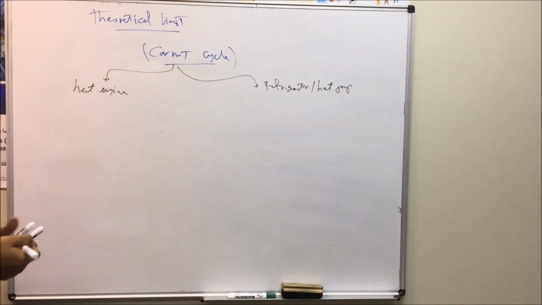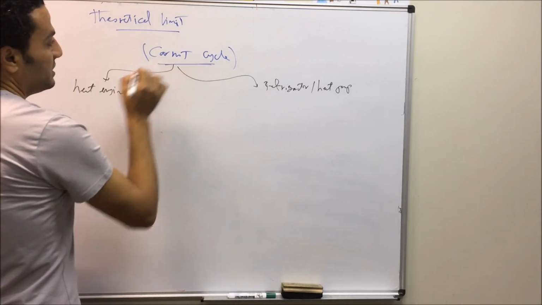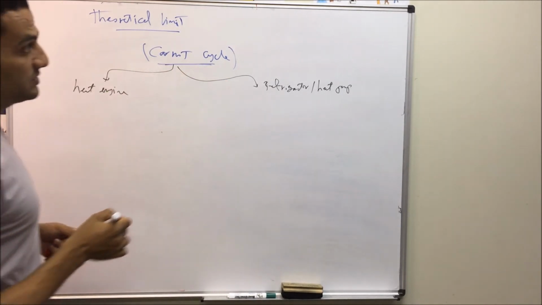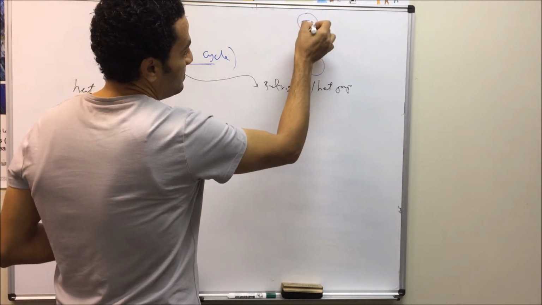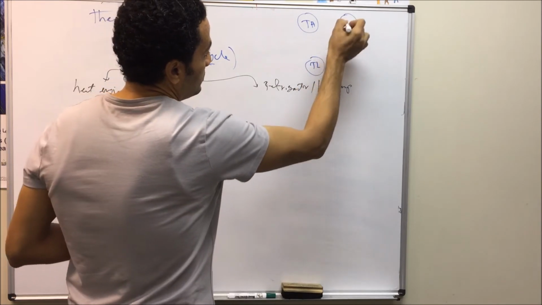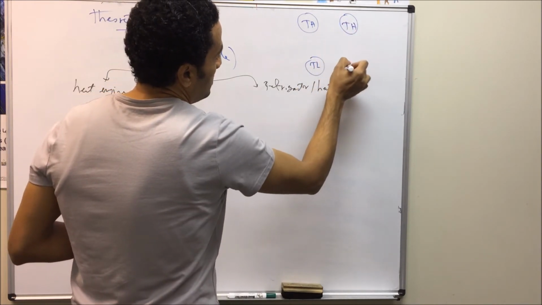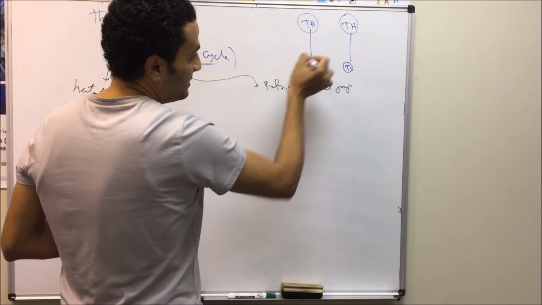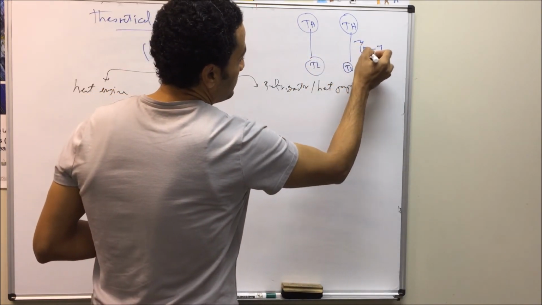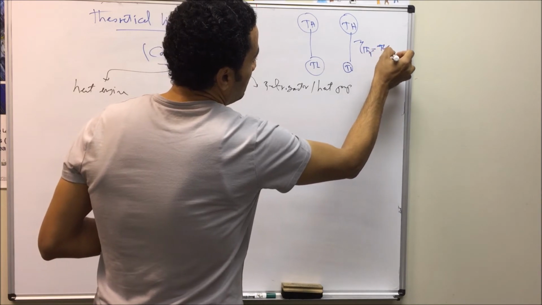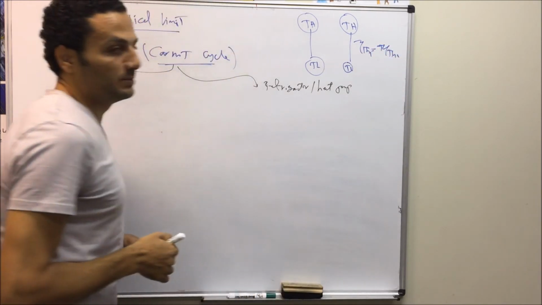We do have two characteristics of any Carnot cycle. It says that if we do have two heat engines working between the same T high and T low, they should have the same thermal efficiency. So eta thermal 1 is the same as eta thermal 2.